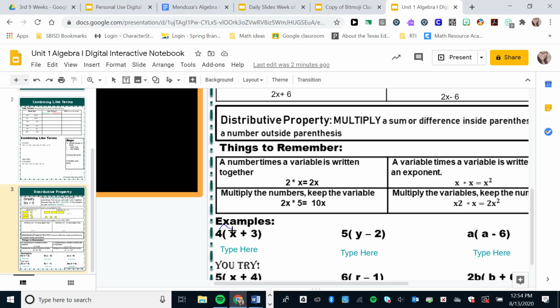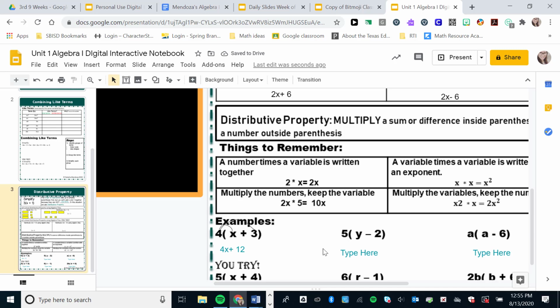So 4 times x, that's the first one you want to do. That's the same as 4x. But we're not done. You have to multiply that 4 with both numbers inside the parentheses, just like we did with our algebra tiles, okay? So then 4 times 3 is the same as 12. And they're both positive, so it just is plus 12, because the 12 you get is positive.